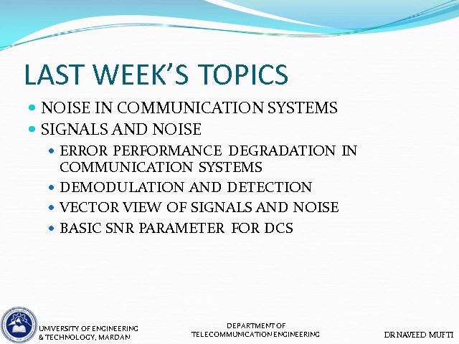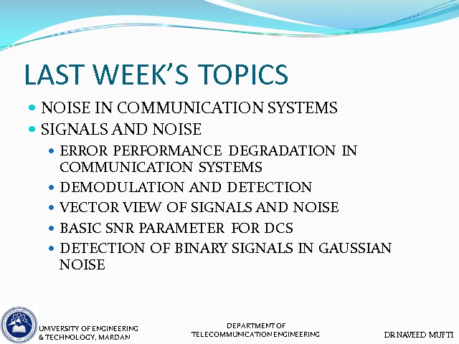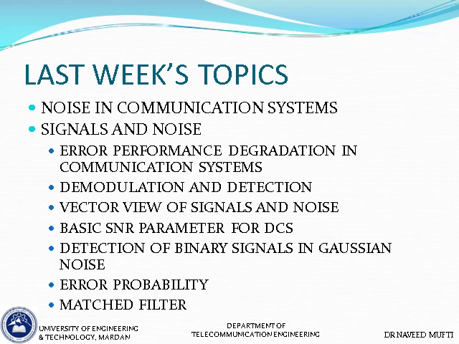Then we discussed the basic SNR parameter for digital communication systems, which is a normalized version of SNR known as Eb/N0. And then we looked at the detection of binary signals and Gaussian noise. And in the end, we discussed error probability indicated by PB. And finally, we discussed the matched filter.